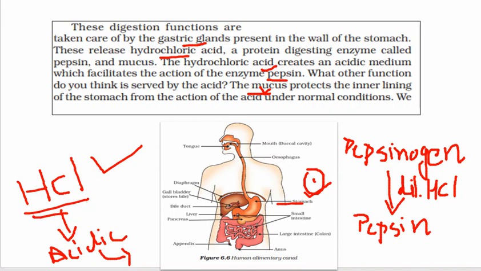And then the protein becomes active, and then it converts into the what? Peptones. Okay, it converts into the peptones.